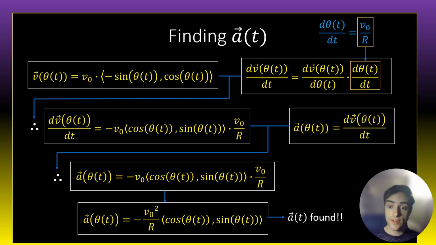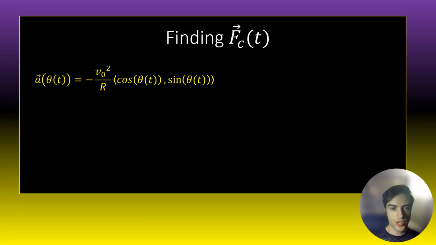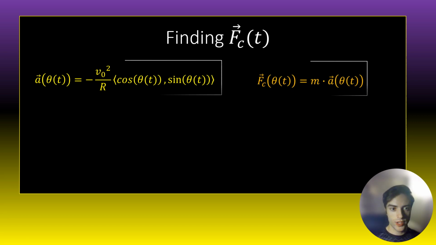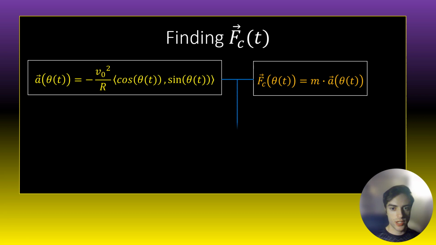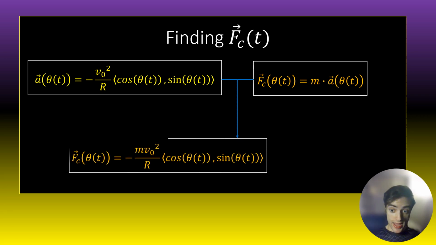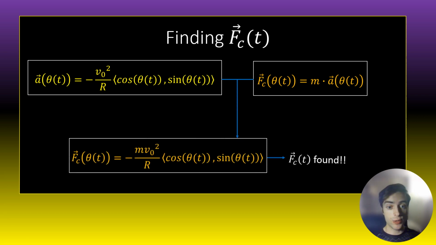And so we have found a of t, specifically a of theta of t, which is exactly what we need for the next step. So now we could solve for the centripetal force. So we combine the information with Fc of t is equal to mass times acceleration, and we obtain the centripetal force equation right there.